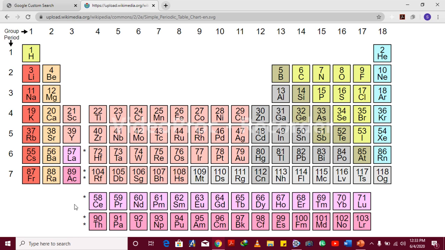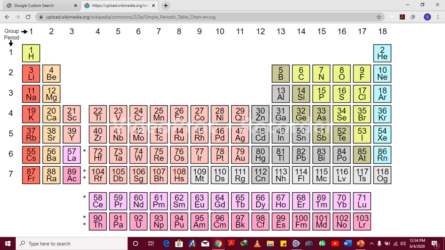These are the inner transition metals, and here too there are 14 elements. Look at atomic number 57 to 59 and it begins again here. You also look at atomic number 89, which starts from here and continues in the same manner.